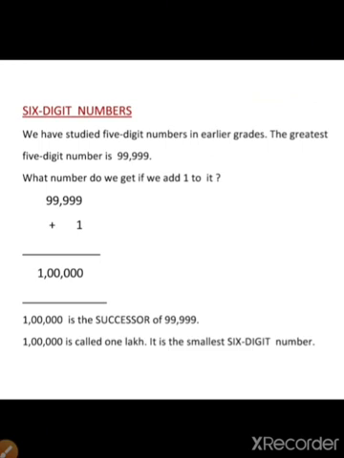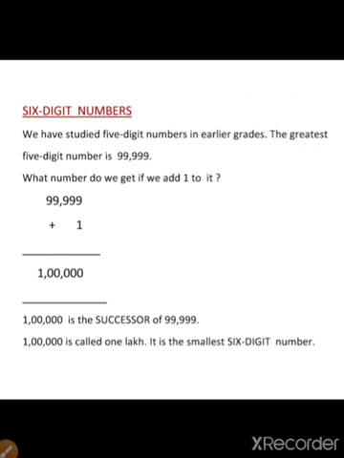Six-digit numbers. Students, we have studied 5-digit numbers in earlier grades. The greatest 5-digit number is 99,999. What number do we get if we add 1 to it? Students, the addition is shown here. 99,999 plus 1 gives you the next number.